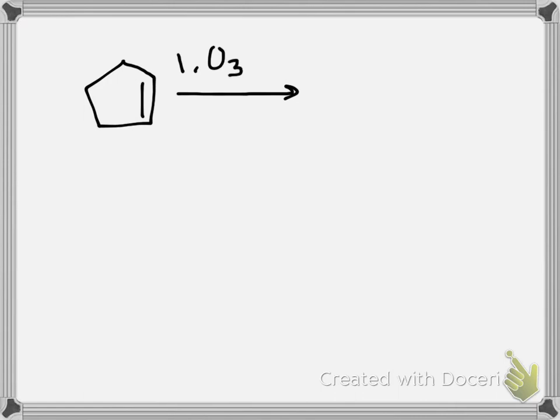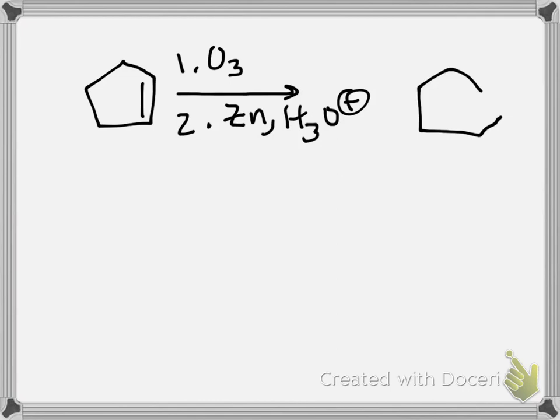So if I react with ozone and then with zinc and H3O+, once again, what I want to do is try to draw my carbons in as similar a position as I did before, and put double bond O's on each of the carbons that were originally the carbon-carbon double bond.